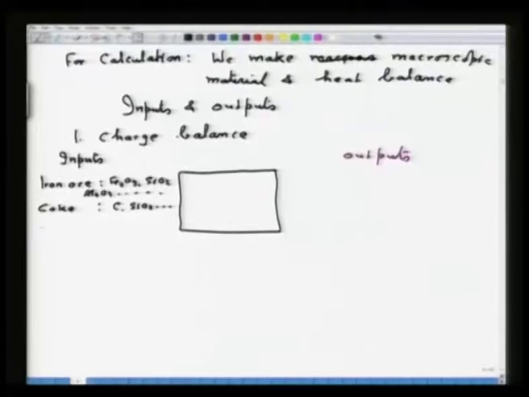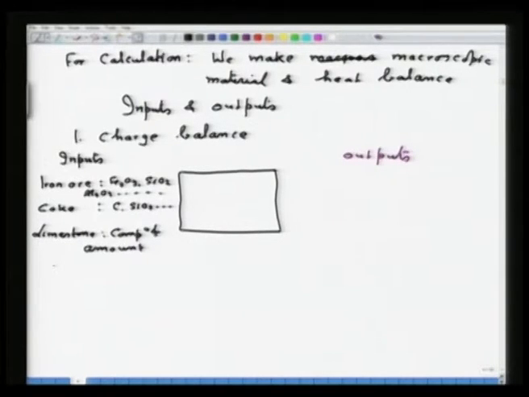Third input is limestone. So, limestone, what is the composition? Say amount of SiO2, CaCO3, Al2O3 and what other composition and amount.